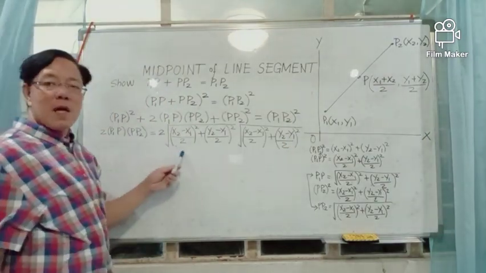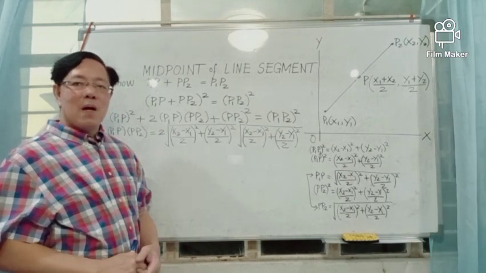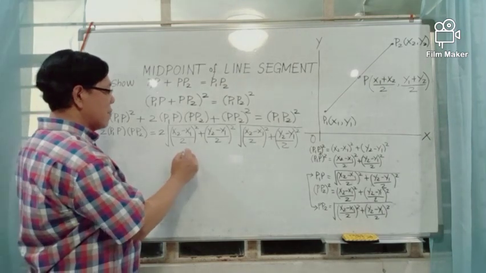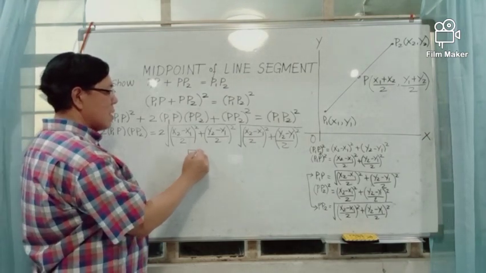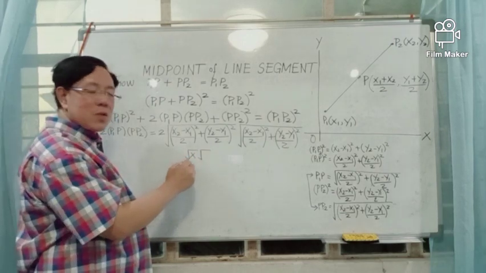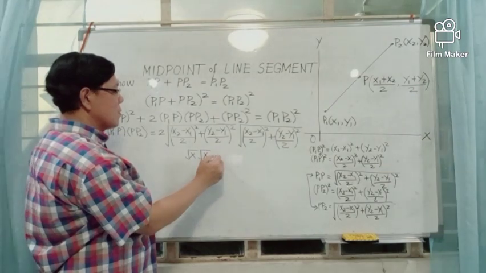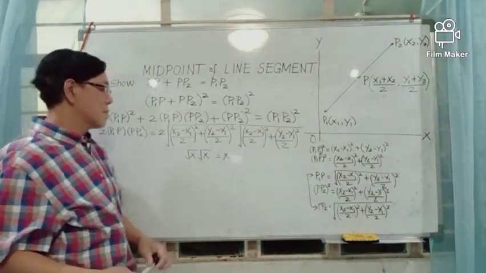To simplify the right hand side, we apply the property of radicals that says the product of the root of x and the root of x is equal to x.